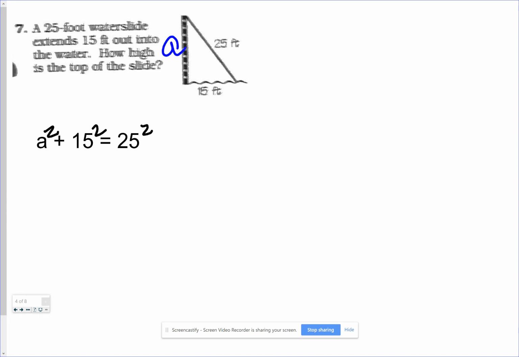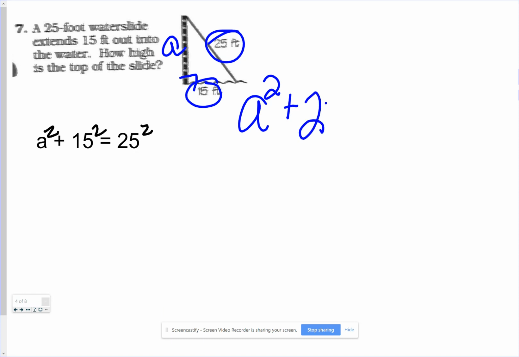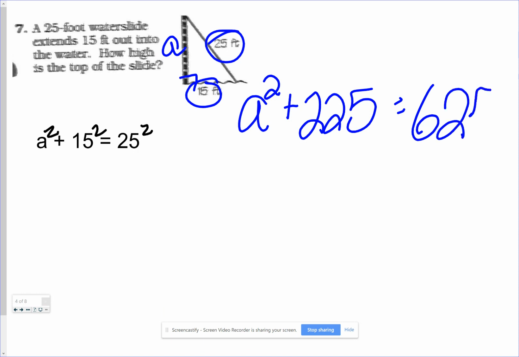A squared plus 15 squared, those are your two legs, has to equal 25 squared. So we end up with this. 225. 25 squared is 625. When you subtract, so you can isolate your variable here, subtract 225 from each side.